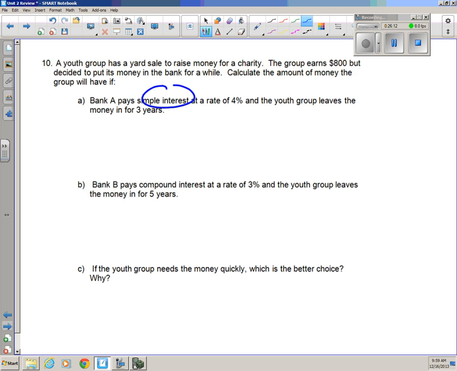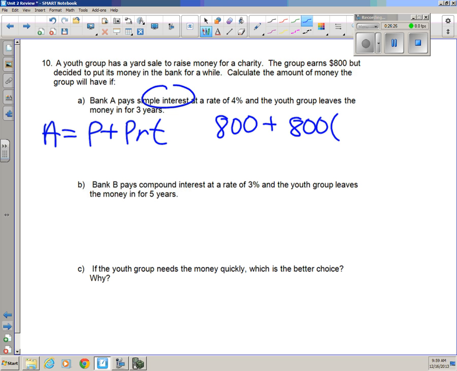So the idea here is we know that the amount is going to be the principal amount plus the interest that they make on that principal amount for the time that they keep it in. So we've got $800 that we're starting with, plus now it's the $800 at the interest rate of 0.04 for the 3 years. So by putting it in Bank A for 3 years, the amount that we have is going to be a total of $896.